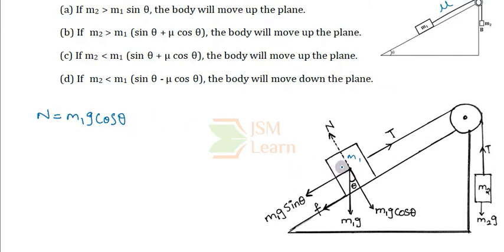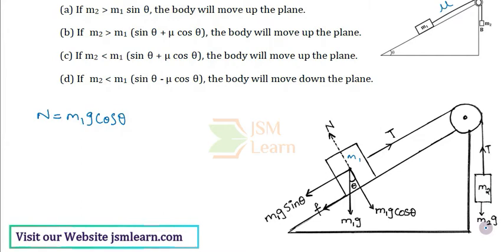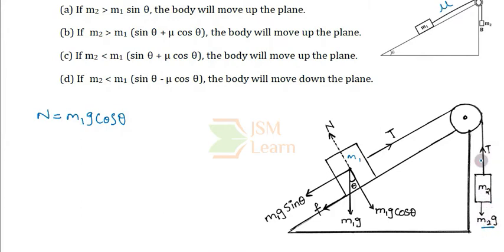Now moving further, the force acting on the mass m2 is its weight, that is m2g. Due to this weight, there is a generation of tension in the string in the upward direction, and this tension is transmitted throughout the whole string.